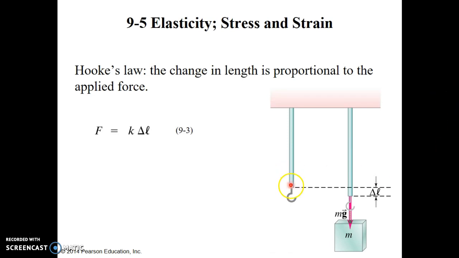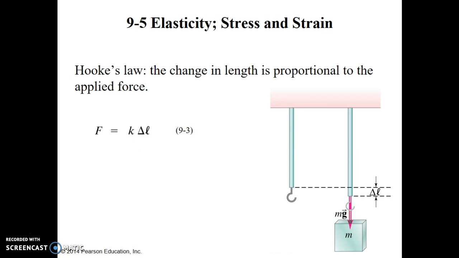So imagine you have a pole here that has some length L. You hook a mass up to it, that's going to stretch the object some distance delta L. Well, that distance delta L is directly proportional to the force being applied. And in fact, the force is going to equal just some constant times delta L. That constant is what we refer to as a spring constant.